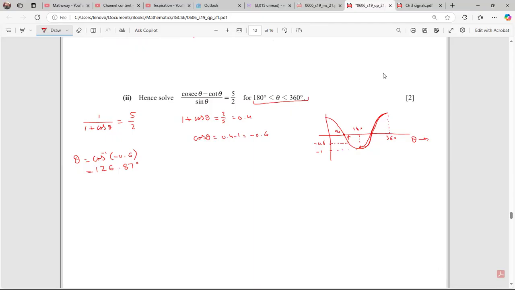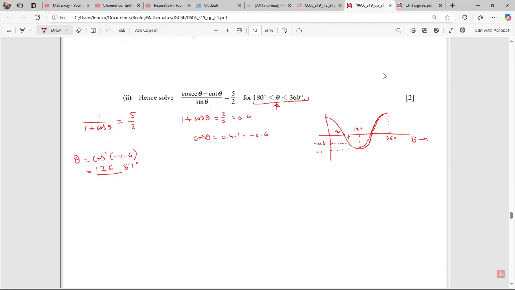You can see that this is not the right angle because it does not fall in this range, right? Okay. Now, as I told you, cos inverse of minus 0.6 is giving me an angle which is between 90 and 180, right? This 126 is between 90 and 180.